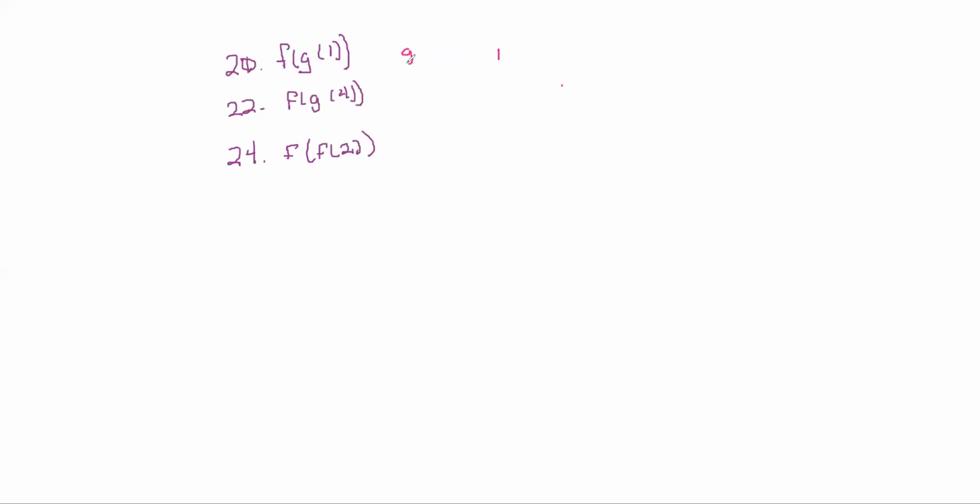Given by our graph, g of 1 is equal to 2, as you just said. And so now we have to take this and put it back into f. Now we're looking for f of 2. And we do the exact same thing on the f graph. 4. Yep. And that's our answer.